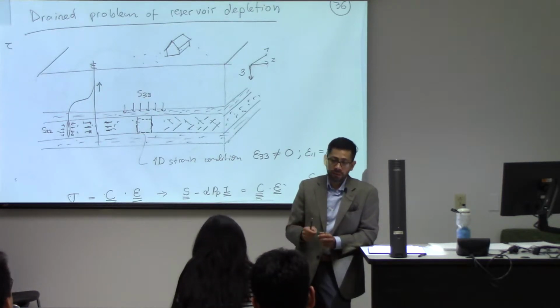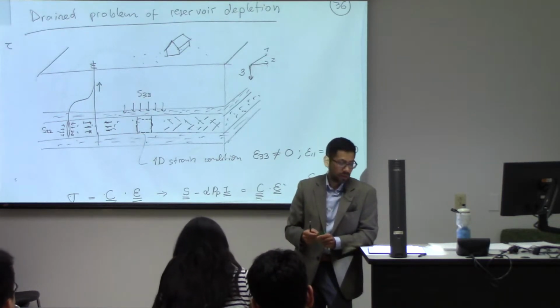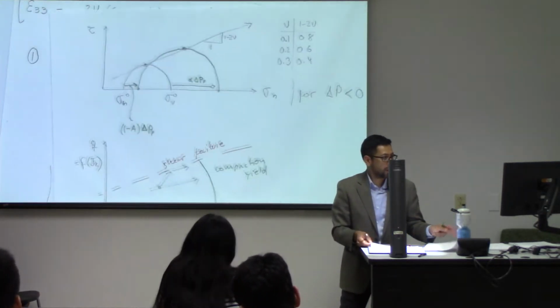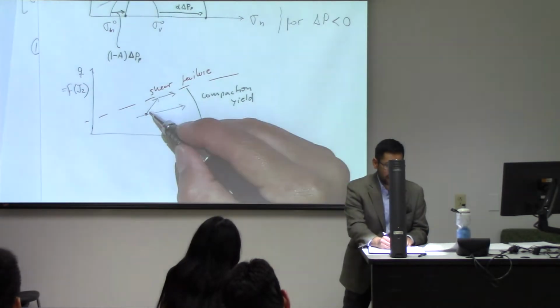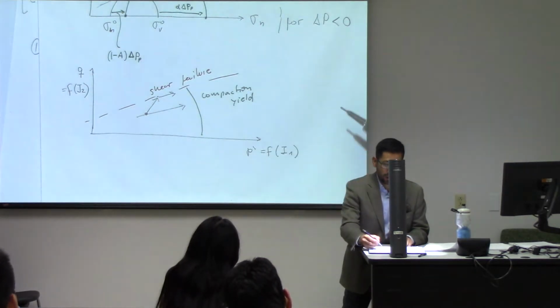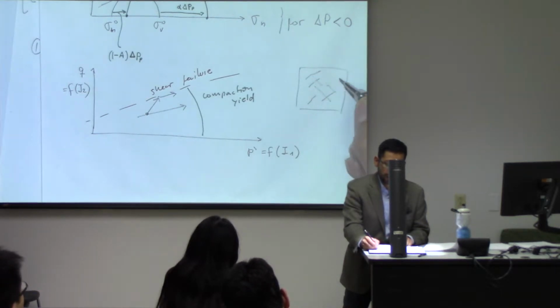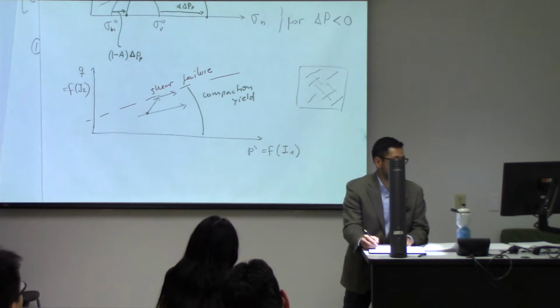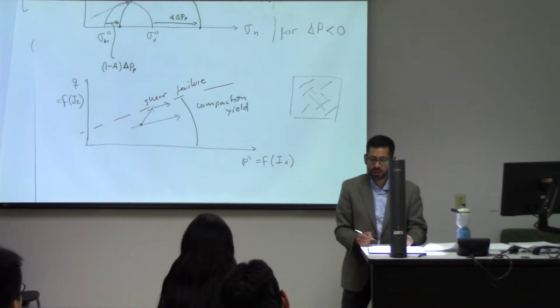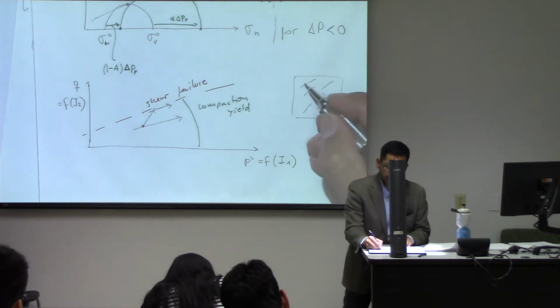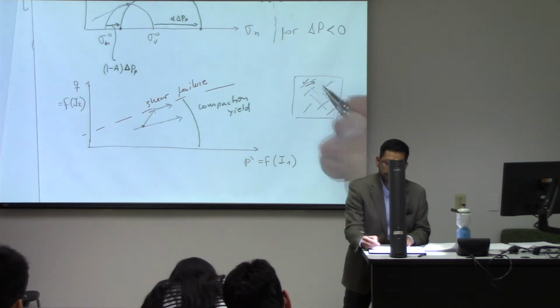But some other times, if you have too much of this fracturing, like for example, over here, probably as you get to here, you have a rock over here, you create some fractures which help some of the fluids in the matrix to move to the fractures and move closer to the formation. If you continue too much on this path, you're going to create a lot of fracture slip.